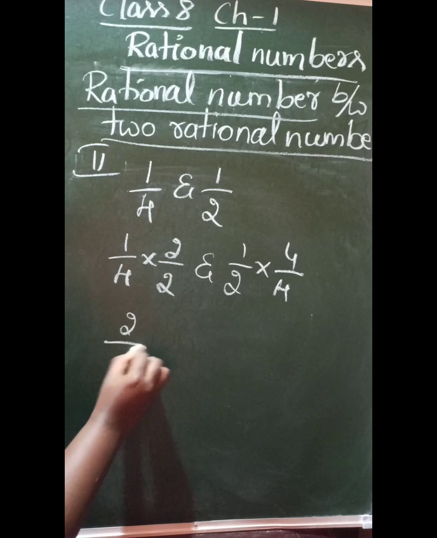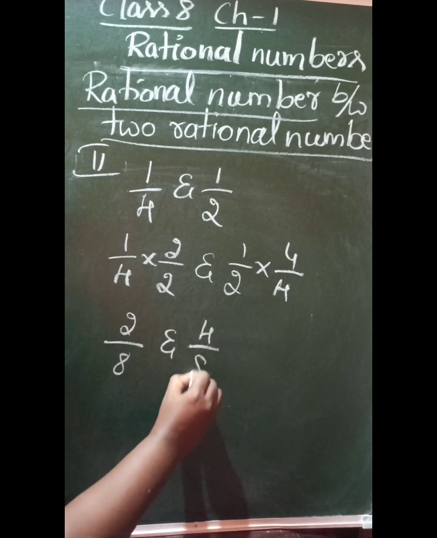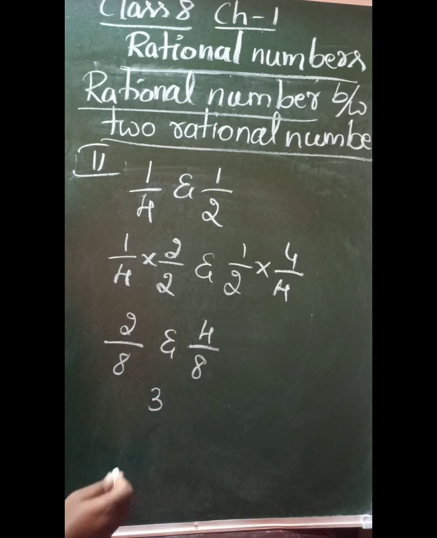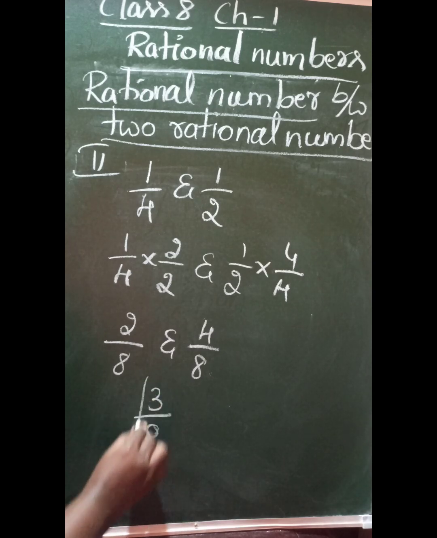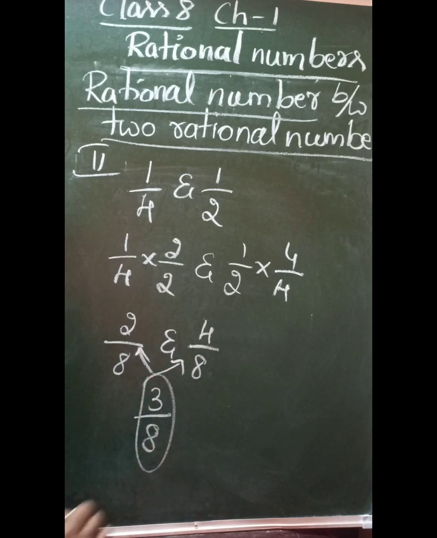Here you will get 2 by 8 and here you will get 4 by 8. So we know that in between 2 and 4 definitely there will be 3, and the denominator is common. So the rational number between the two rational numbers is 3 by 8.